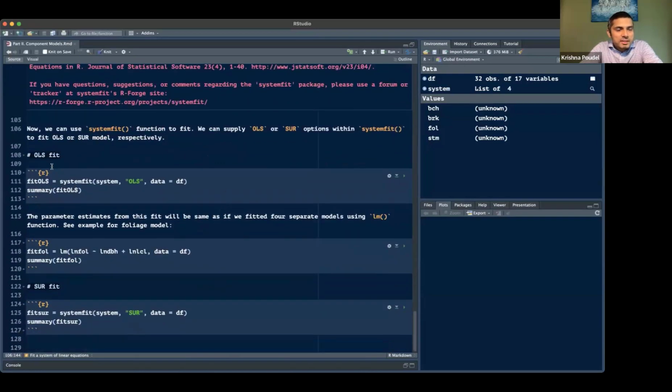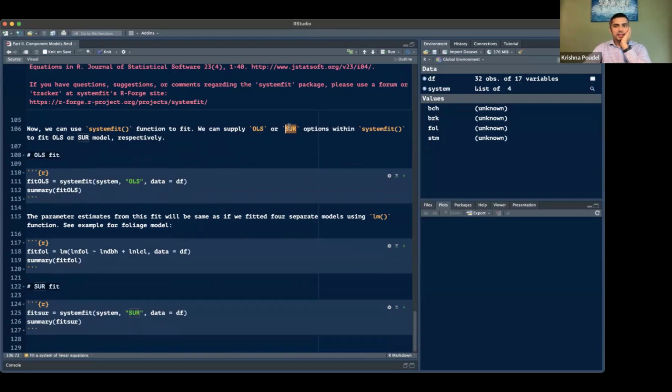Okay. Within systemfit, we can use OLS, which is the same as fitting 4 different equations, or we can use SUR, which simultaneously fits the equations. If you specify OLS here, then it will fit those equations independently.